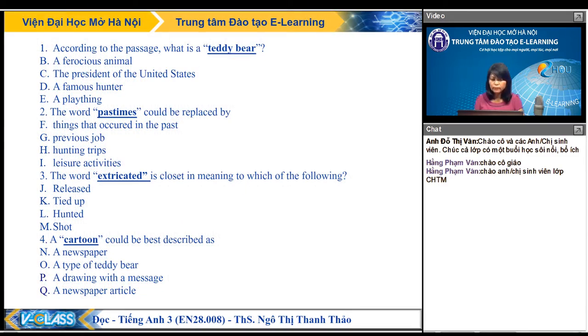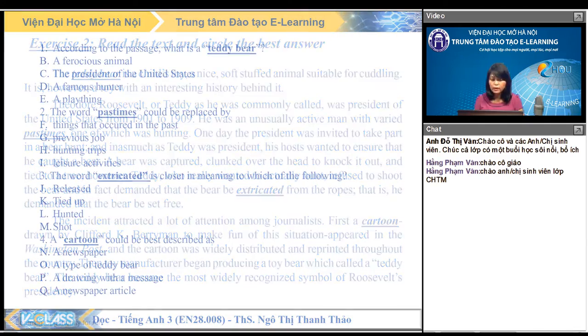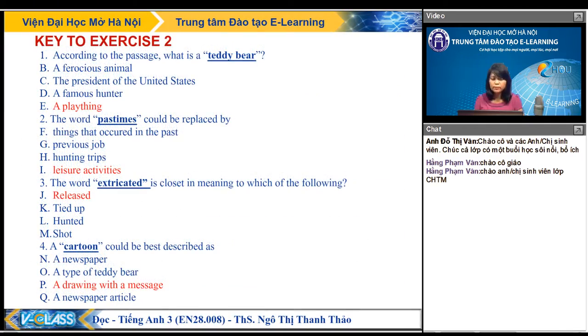Why? So look at this one. He means Teddy, alright? He was an unusually active man with a varied pastime, one of which was hunting. So one of the pastimes here is hunting. So the answer here is leisure activities.